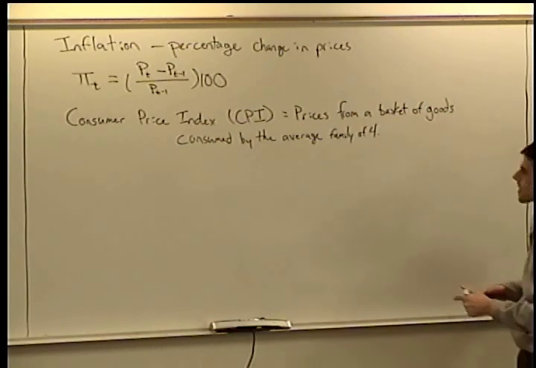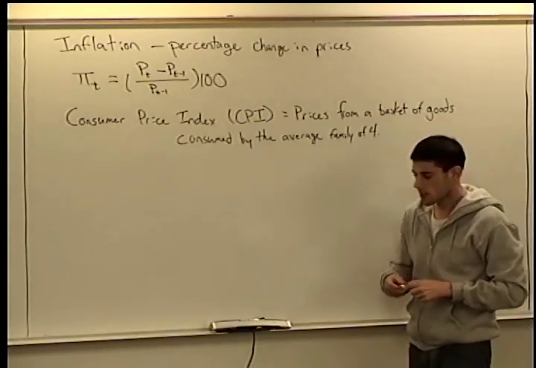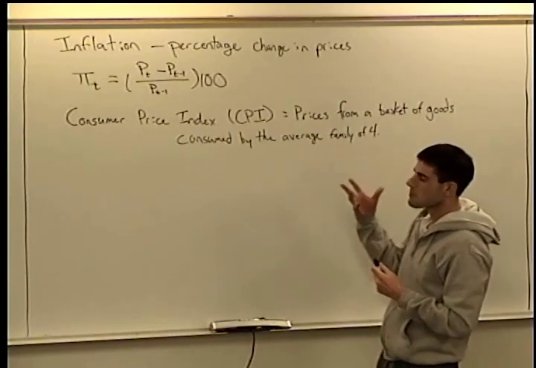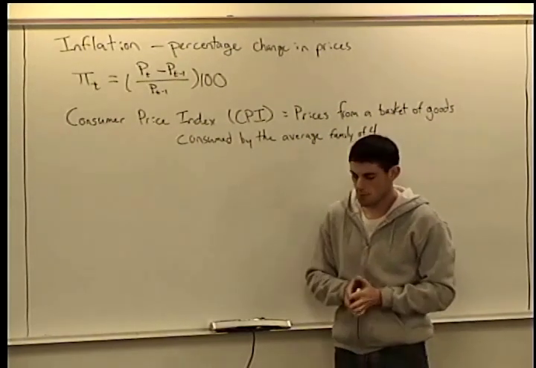Okay, so what does that mean? Okay, to get a good sense of what we mean by the Consumer Price Index or what we mean by inflation, let me give you an example.